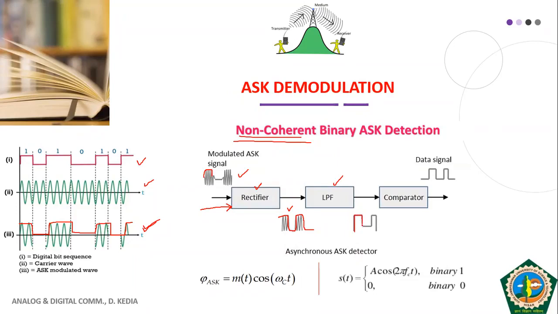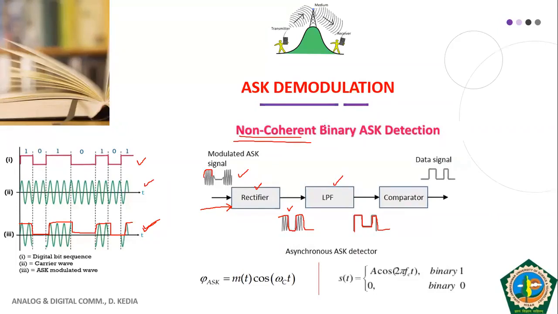are these discrete levels corresponding to my demodulated signal. And if you remember, I had explained this while discussing the pulse code modulation concept, and that was the advantage of the digital modulation technique.